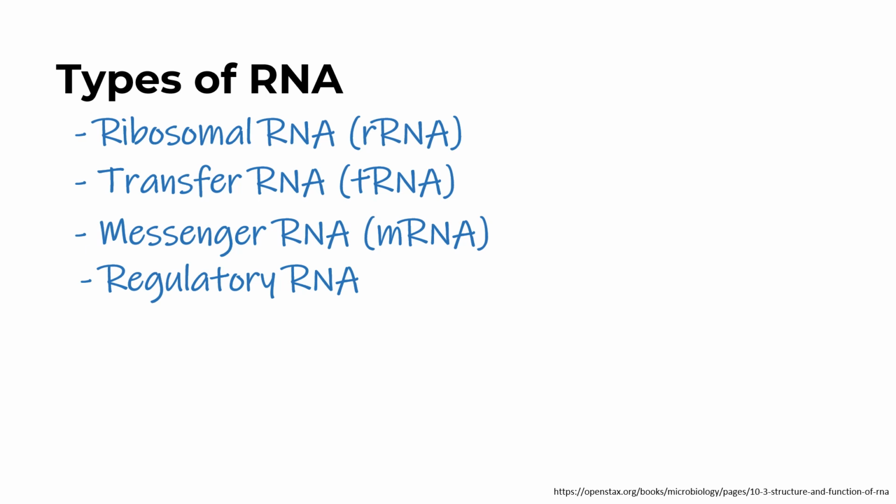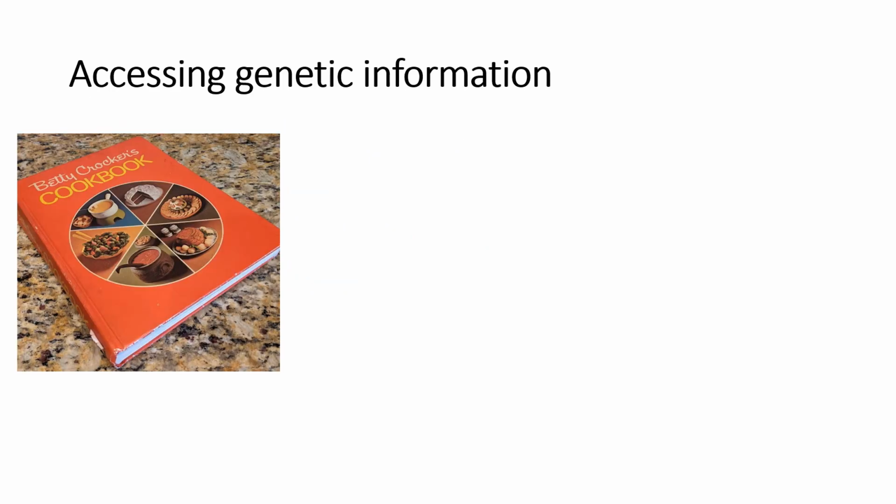We're going to focus our attention on those RNAs that are directly involved in protein synthesis: rRNA, tRNA, and mRNA. Before we get too deep into the details of transcription and translation, I want to take a quick step back.